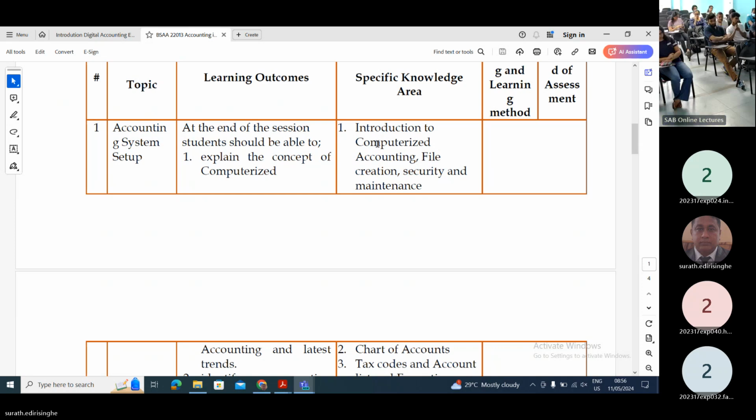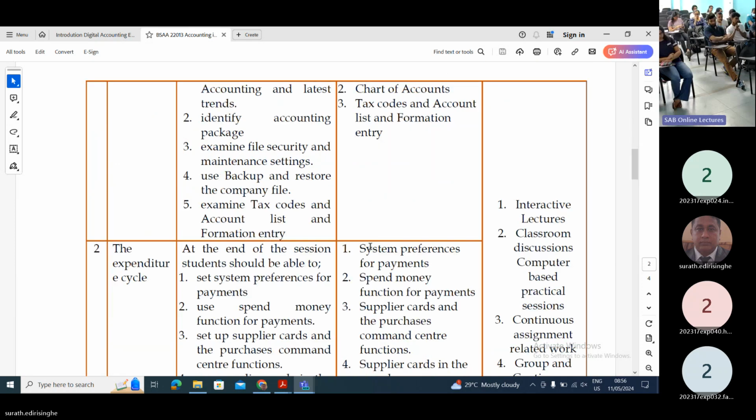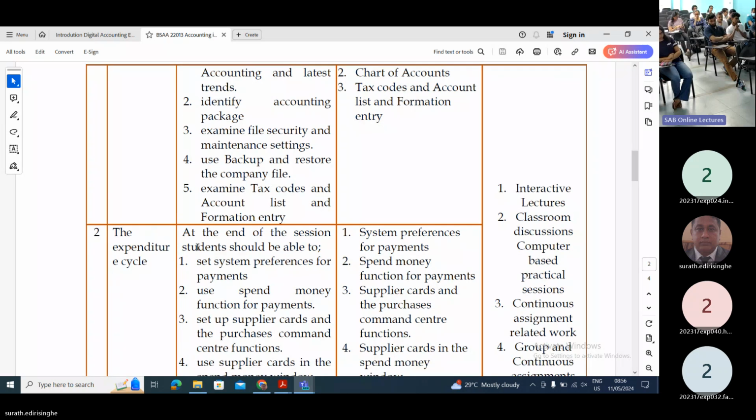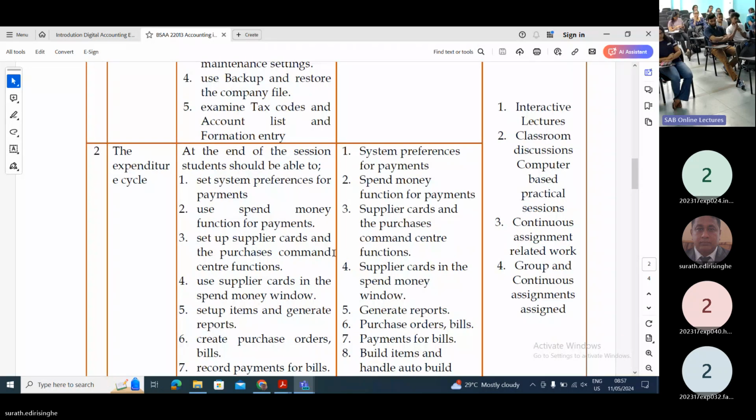Second one, expenditure cycle. Those are the things you have to learn, the outcome and learning area. Read that section, the expenditure cycle. At the end of this session, students should be able to, read by the student.